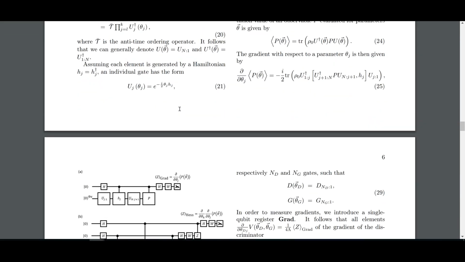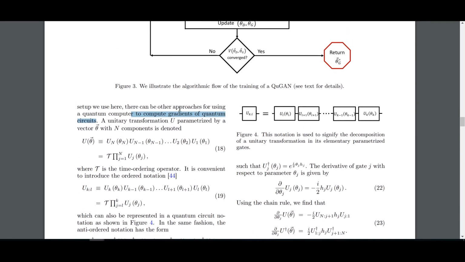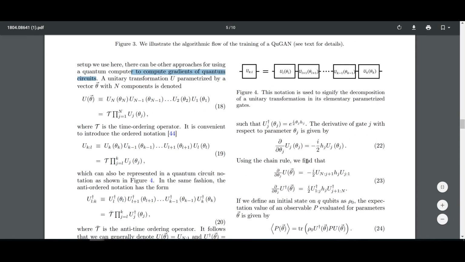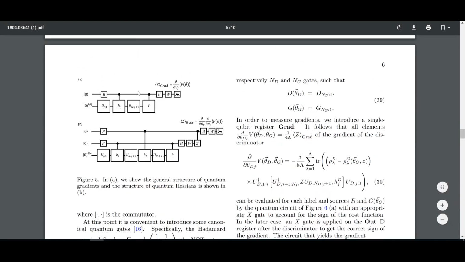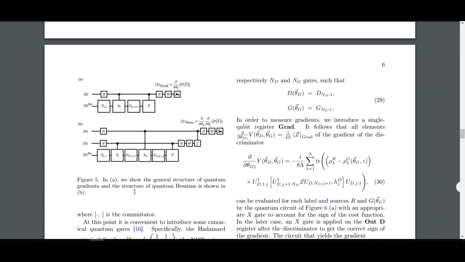Okay, I see here there's a lot of maths, but it's probably skippable. I think there can be a way you can read a paper just by reading the descriptions in the figures. In A, we show the general structure of quantum gradients and the structure of quantum Hessians. What is quantum Hessian?